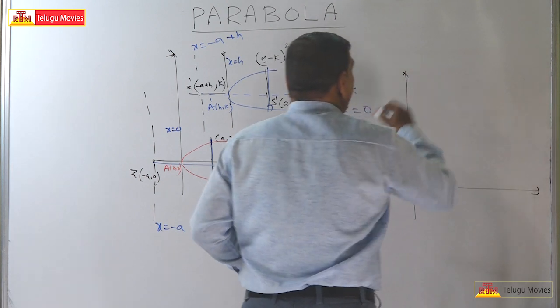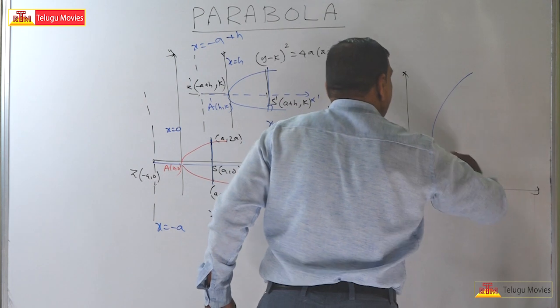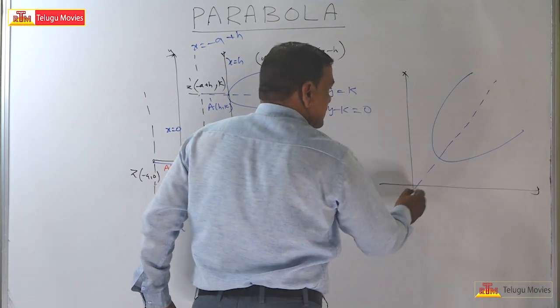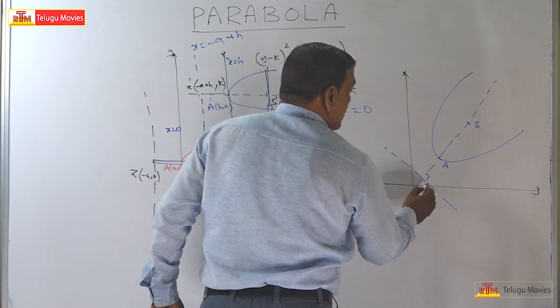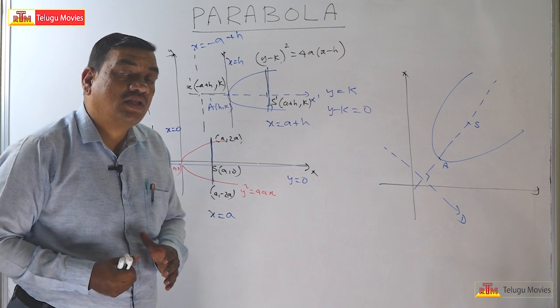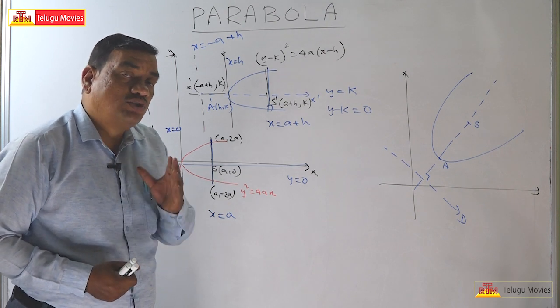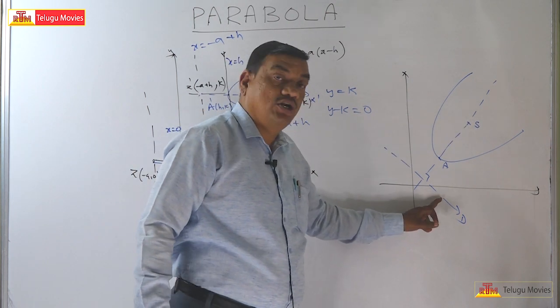See here, I am now drawing a parabola. This is the axis, this is the focus, this is the vertex, and this is the directrix. I already told what the axis is. What is the axis of the parabola? It is a line passing through the focus and perpendicular to the directrix.